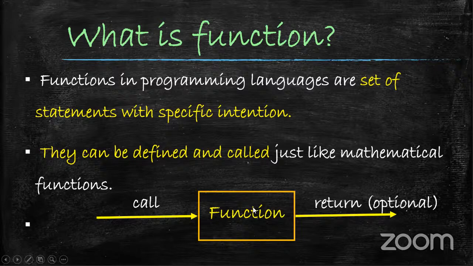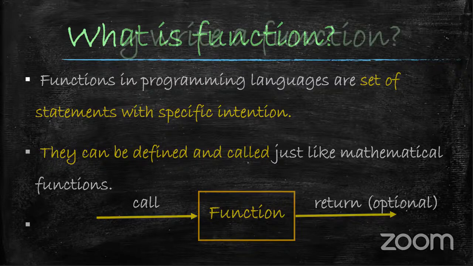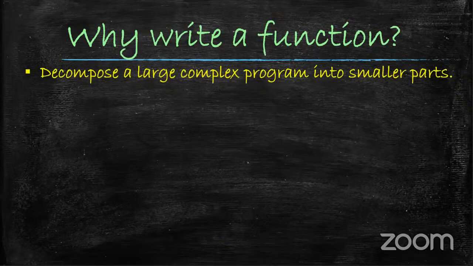So that gives me a kind of help. What kind of help? We can decompose a large complex program into small parts. That means we can create functions for each part of the program, and we can call those functions whenever we want. Once the functions are called, they'll provide a return value.